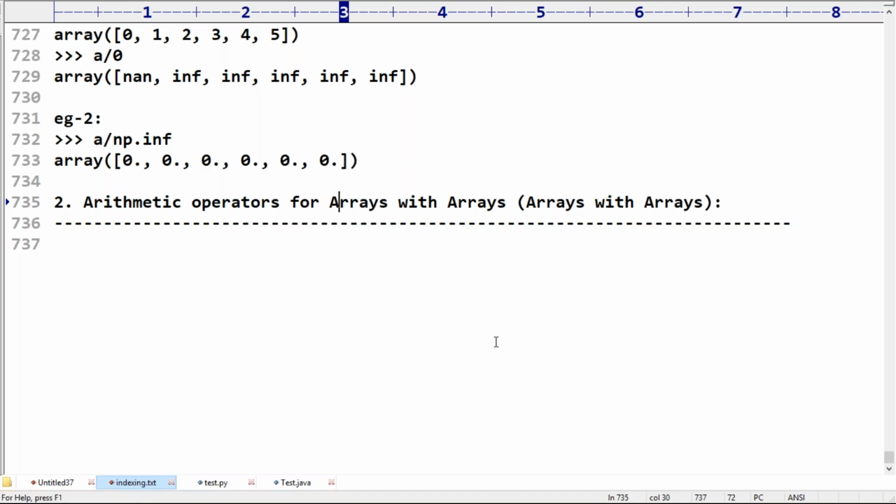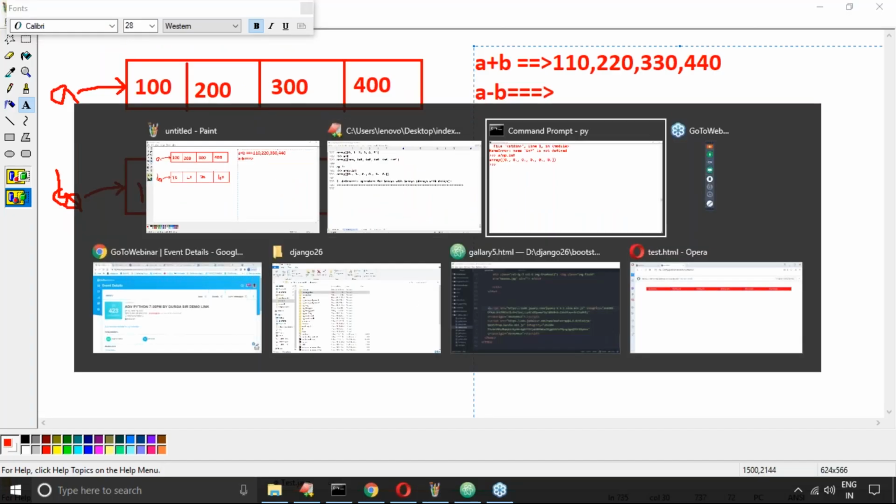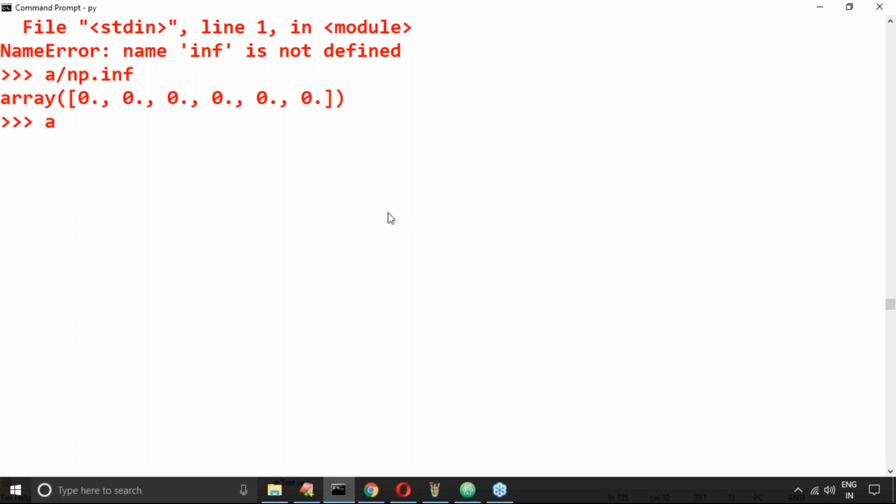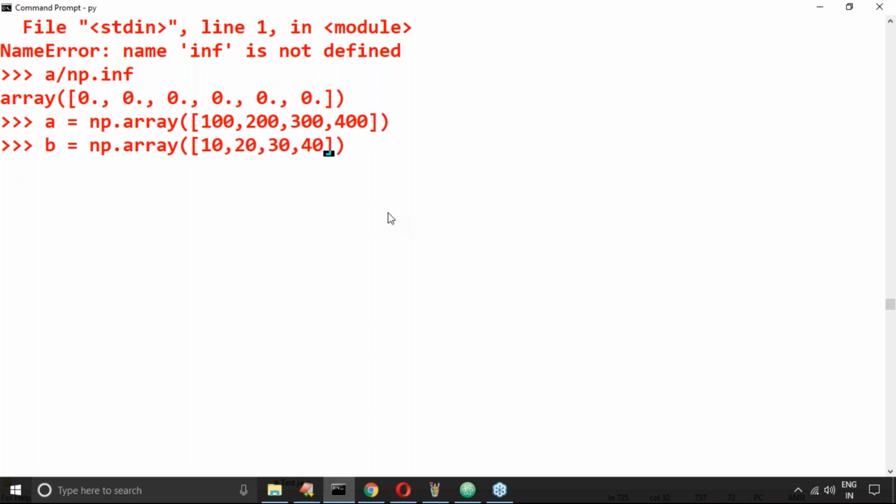Now have a look. Let me go for a small example. A is equal to np.array of 100, 200, 300, 400. B is equal to np.array of 10, 20, 30, 40.